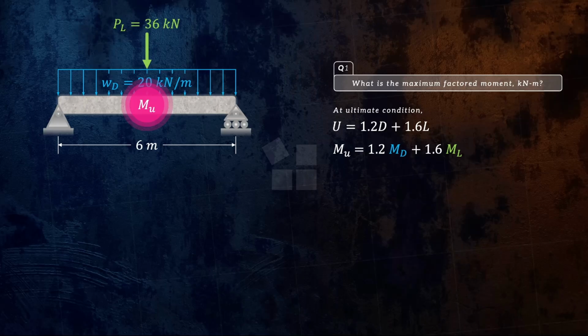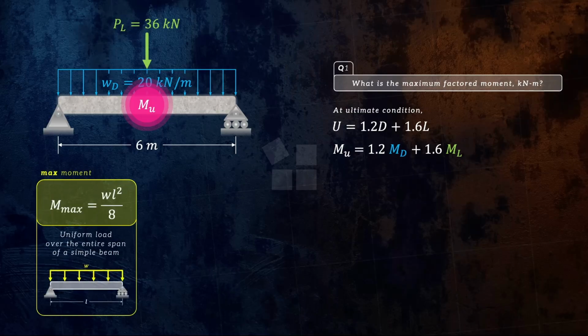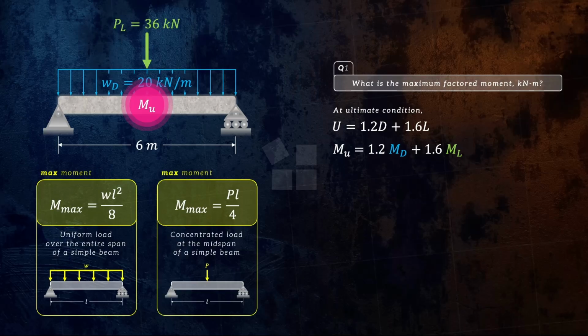From theory of structures, we have formulas for the maximum moment based on various cases and types of beams. From those formulas, we need two of them for this case, which are the maximum moment of a uniform load over the entire span of a simply supported beam, and the maximum moment of a concentrated load at the midspan of a simple beam.